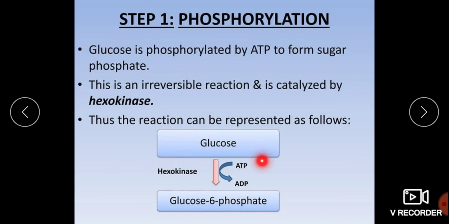Here the ATP molecule gets hydrolyzed and it forms an ADP and one inorganic phosphate. This one inorganic phosphate is accepted by glucose, and glucose gets converted into glucose 6 phosphate. The name of the enzyme is hexokinase. This is an irreversible reaction, and this reaction can be represented like this.